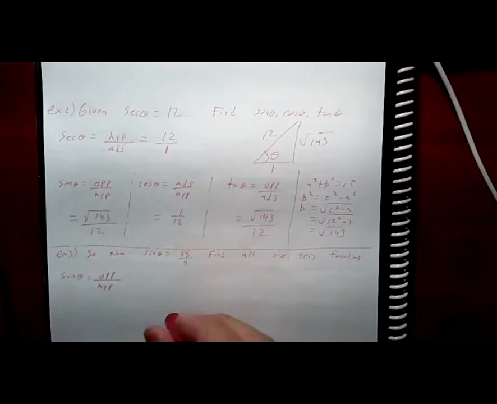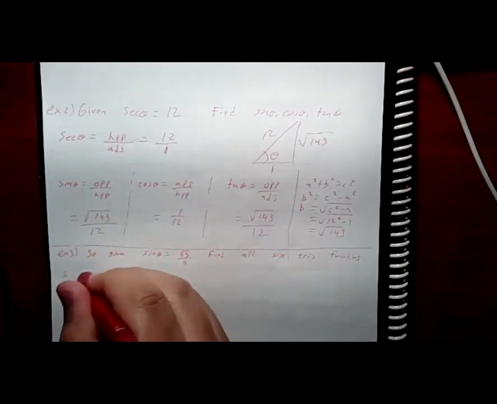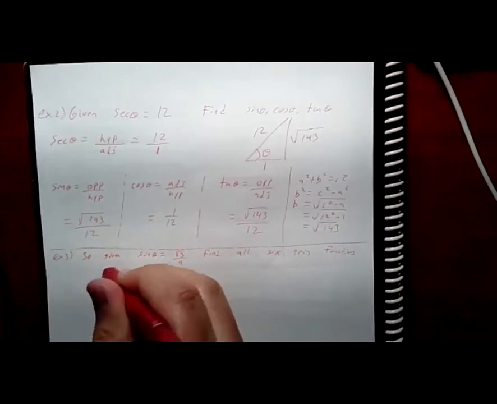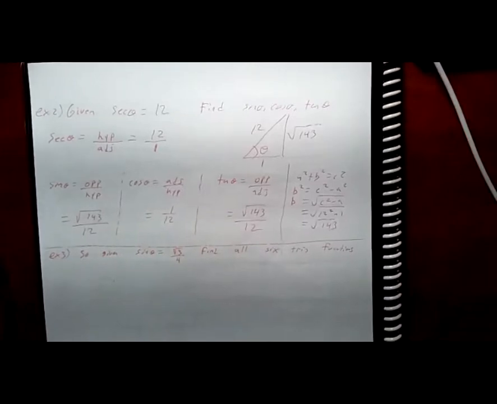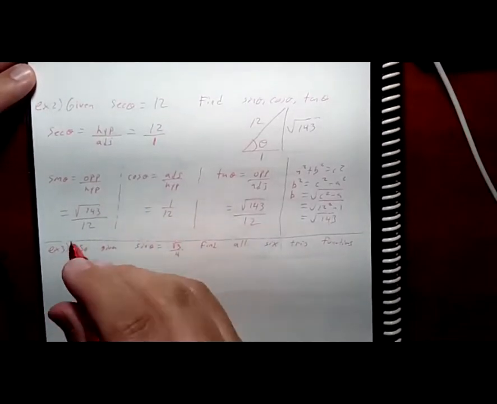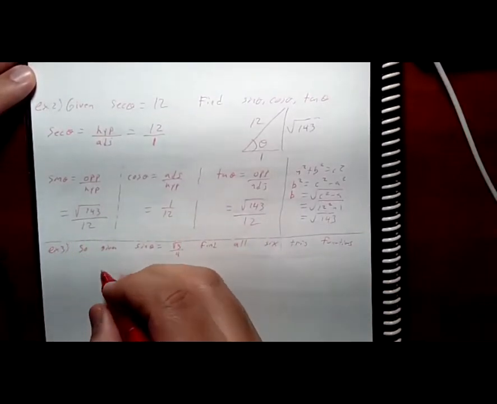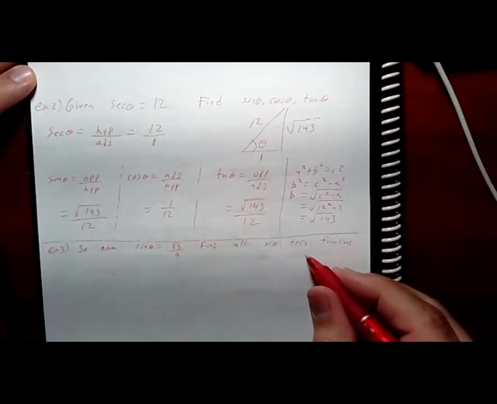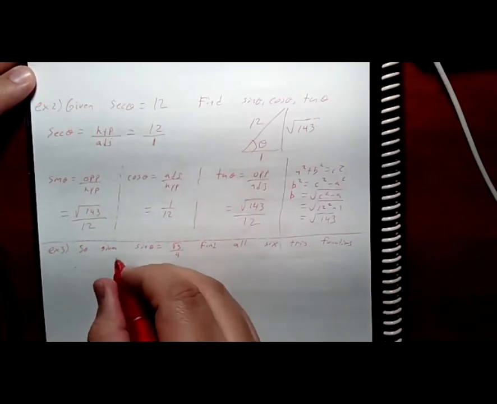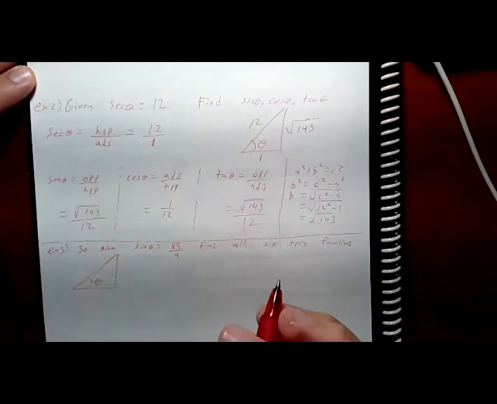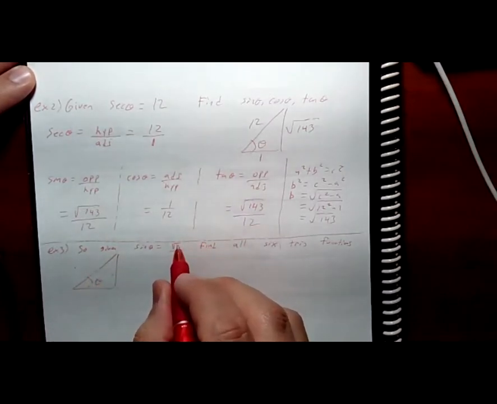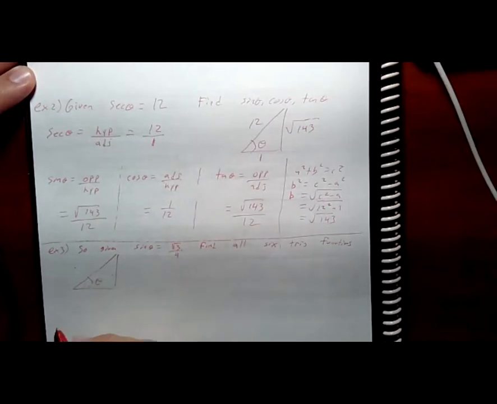Well, actually, before we do that, let's draw our triangle. We need all 3 sides to solve the question, right? So we are given sine theta equal to, right, I'm going to write them down here.